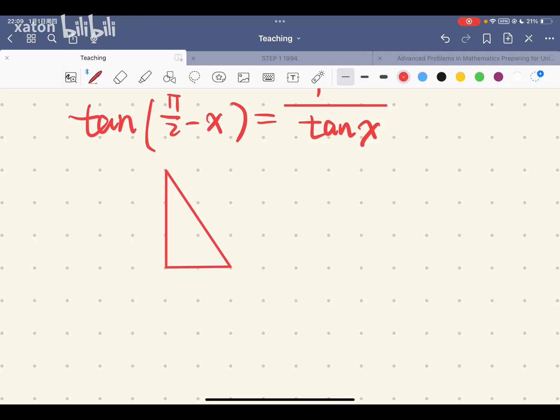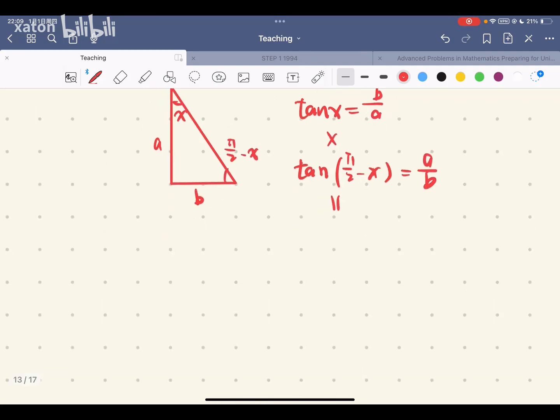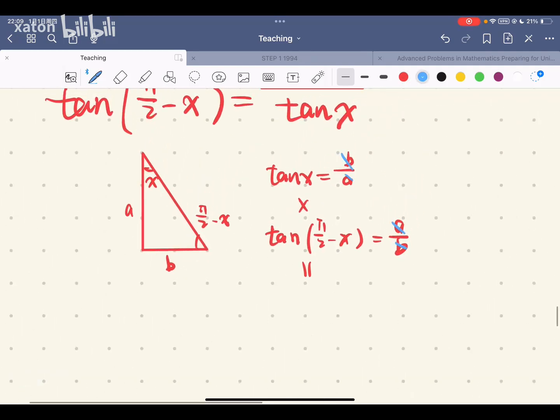This angle will be x, this will be pi over 2 minus x, and tangent x will be b over a, and tangent of pi over 2 minus x is equal to a over b, and when they multiply together, you know that it should be just 1.